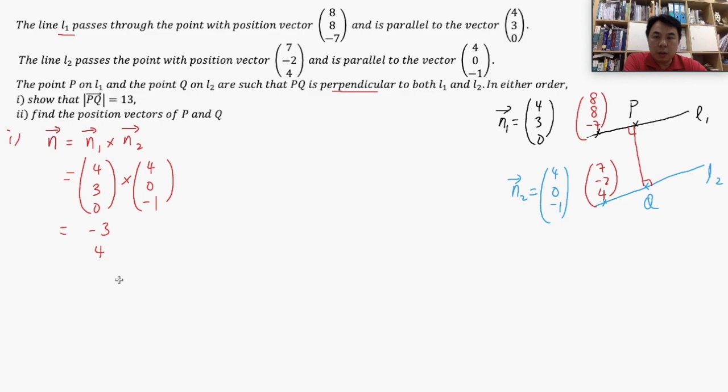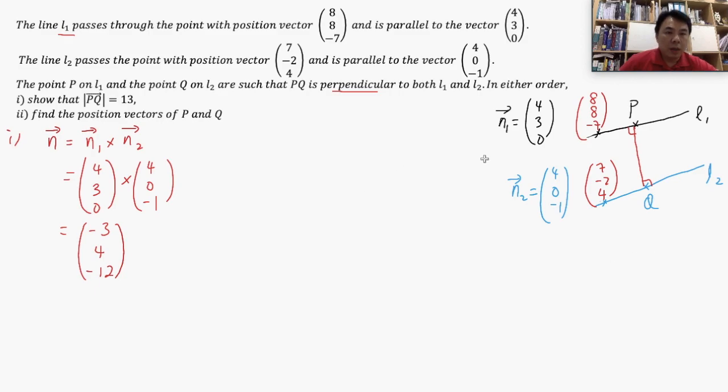And then the last one is -12 there. Right. Okay, so that will be my direction vector that is perpendicular to both line L1 and L2. Right, so basically I am done at this point.